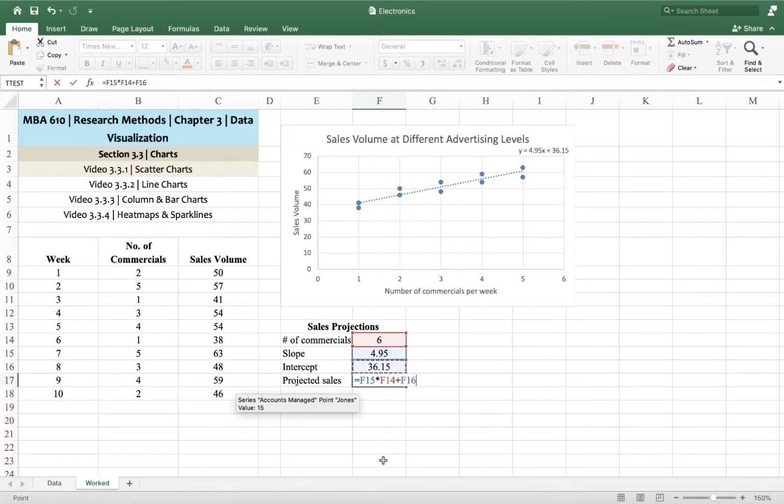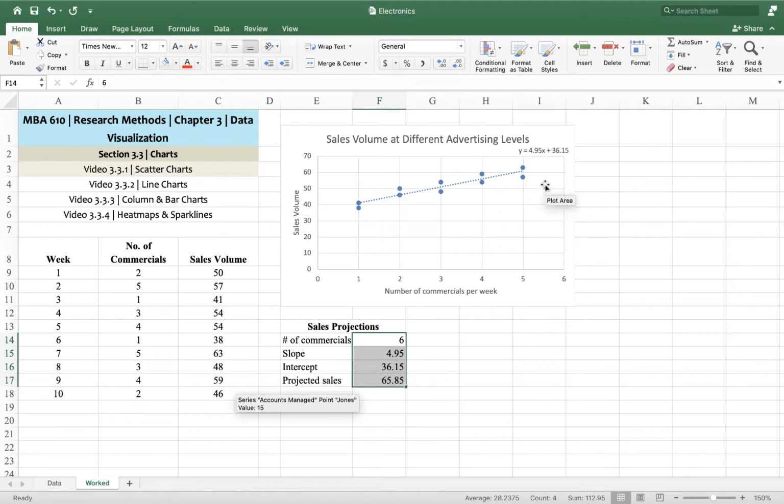So projected sales would be 65.85 units, a number that, if you take a look at where that line would end up, makes perfect sense.